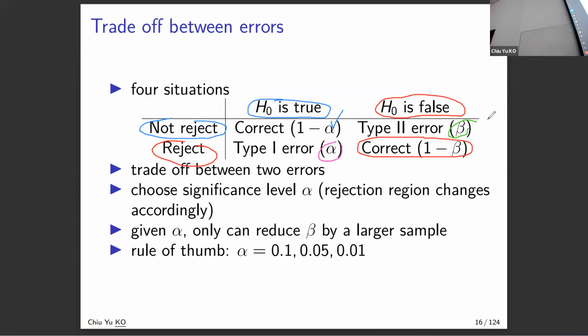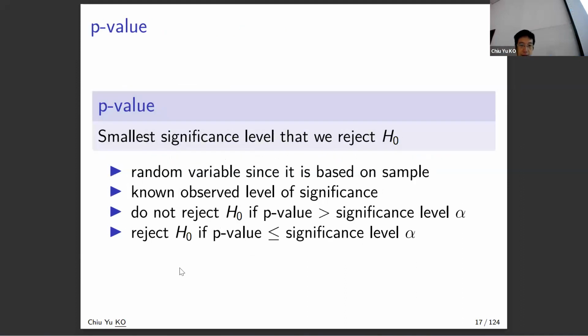As I said, the rule of thumb for alpha is 10%, 5%, and 1%. And you will now see why we have this, very quickly. Before we do that, we need to define the p-value.